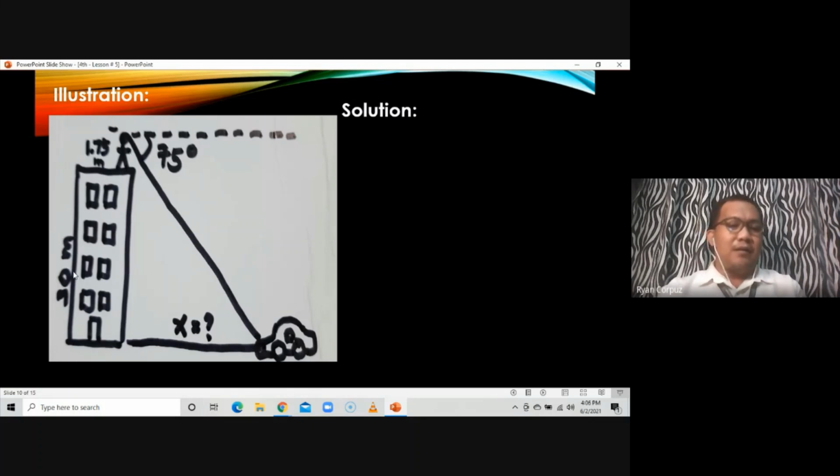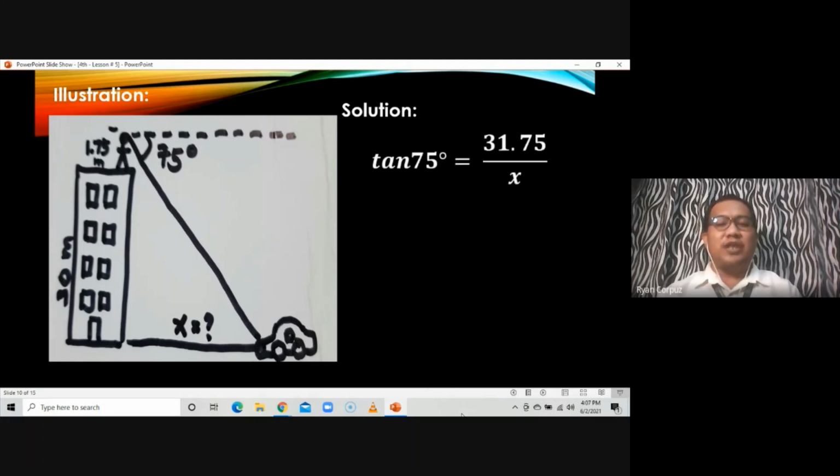So the height of the building together with that man on top of the building is the height we need. That is the measure of this opposite side. That's 30 meters plus 1.75 meters. So we have 31.75 meters over adjacent, which is x. So we can form the equation as tangent 75 degrees is equal to 31.75 over x.